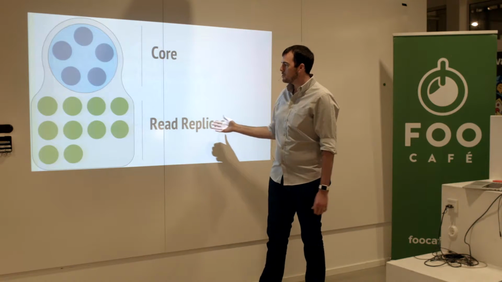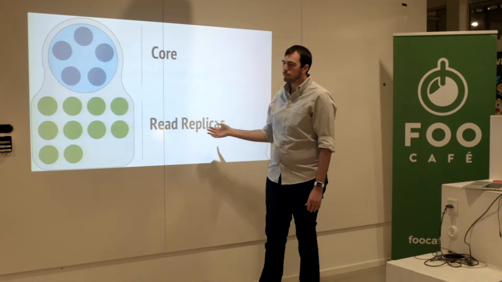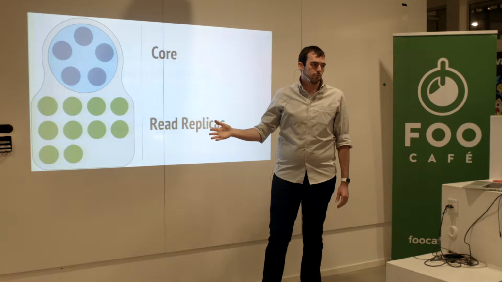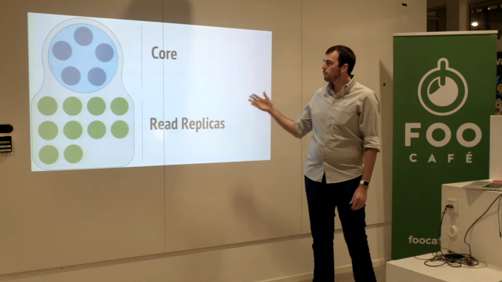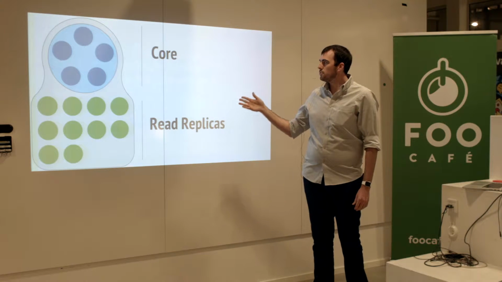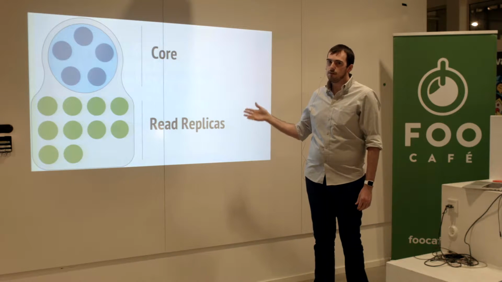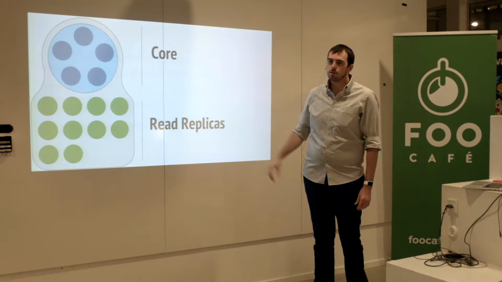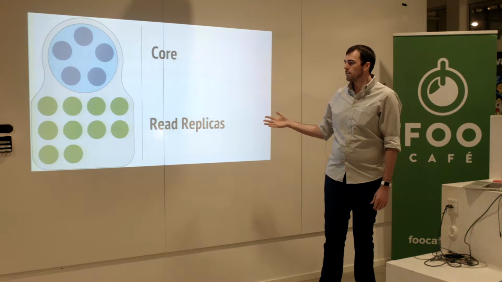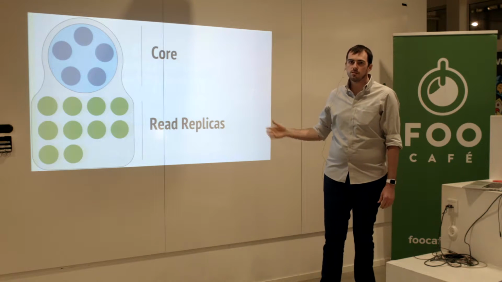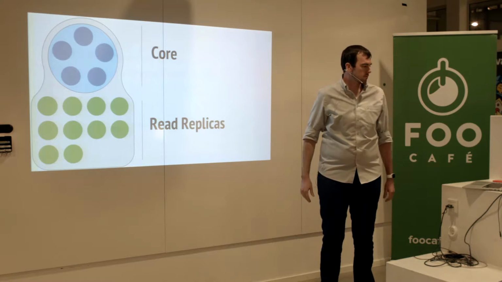Then you have many more machines that are part of the read replica group that take part in a different function of the cluster. I'll explain exactly what they do going on. But the important thing to note at this stage is that you have the core and the read replicas, and the core set is a smaller number of machines than the read replicas. So when you deploy your application cluster, you'd have machines that are put in one of these two groups.